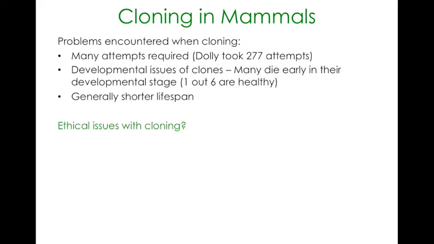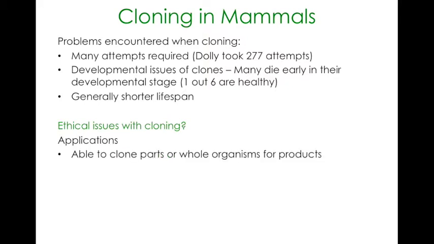Now, aside from the physical and scientific problems with this, there are also ethical issues with cloning. You have to ask yourself the question, in terms of applications, if we can clone sheep from other sheep, then are we able to clone parts of whole organisms for products?